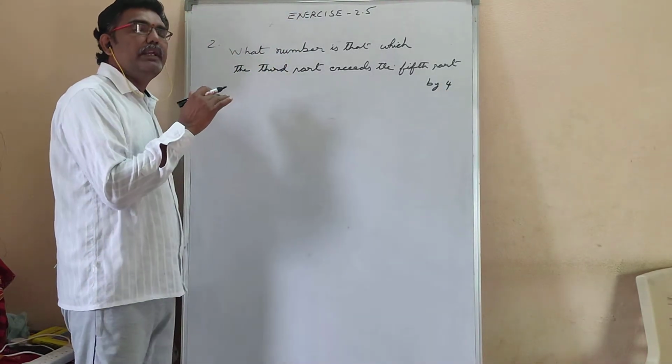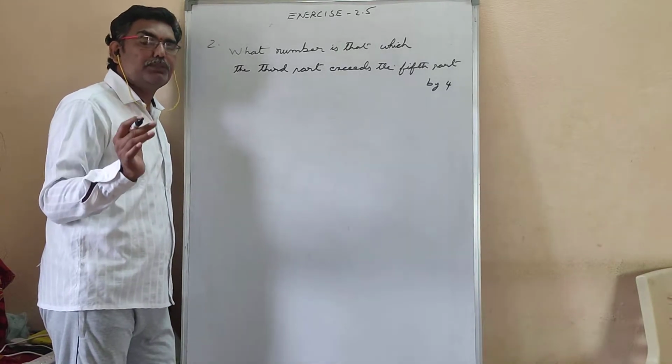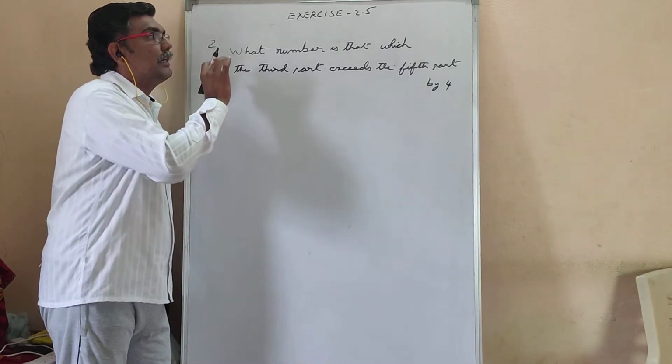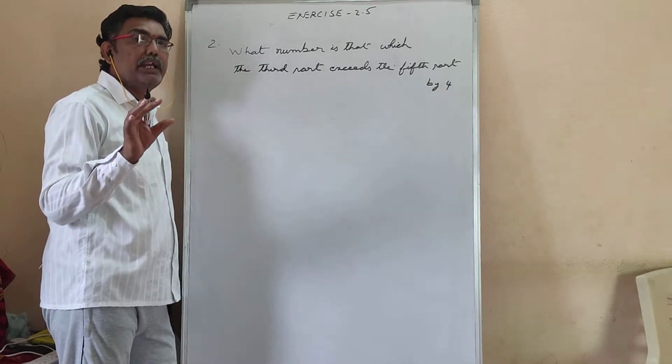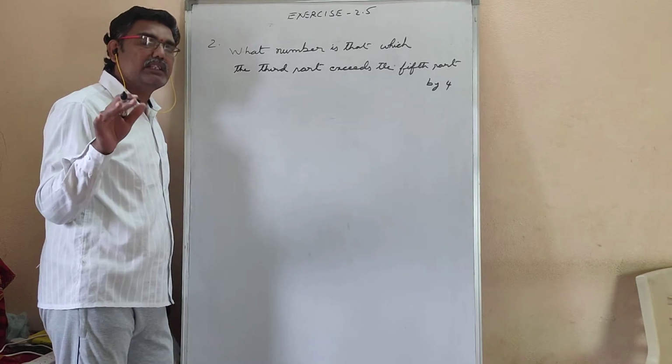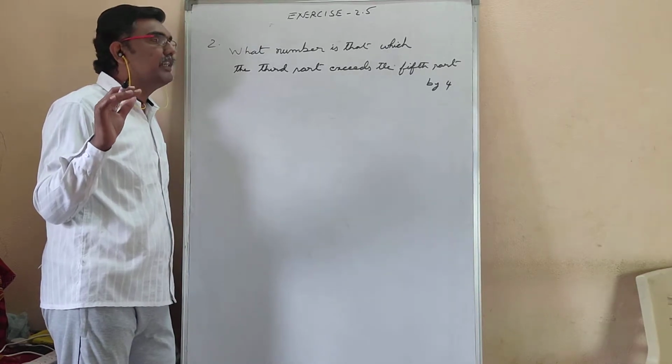Being that you are studying in English medium, they are given in English, that's it. Gaining marks in English is different. Understanding a problem which is given in English is different.